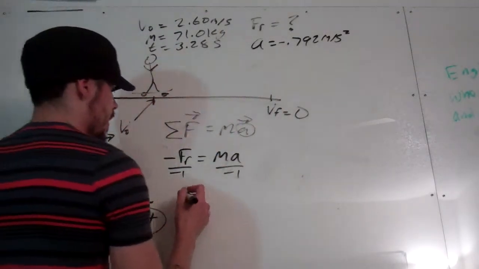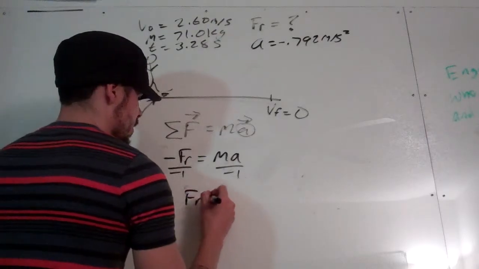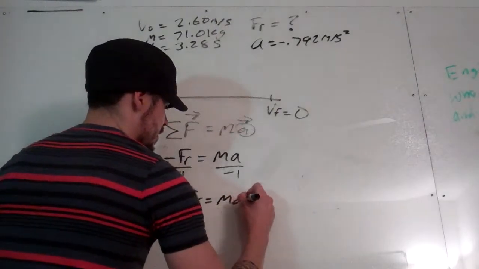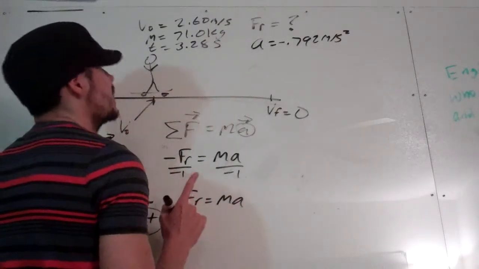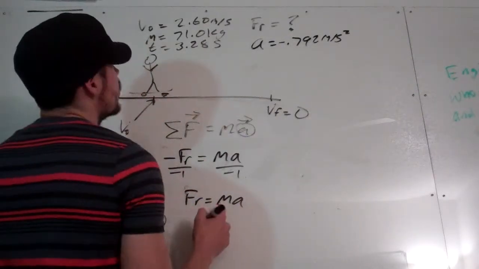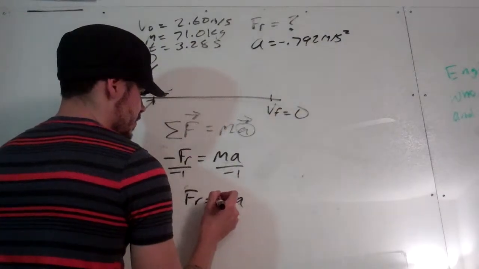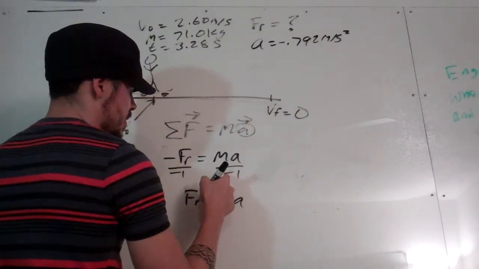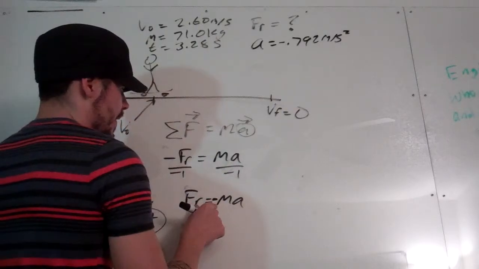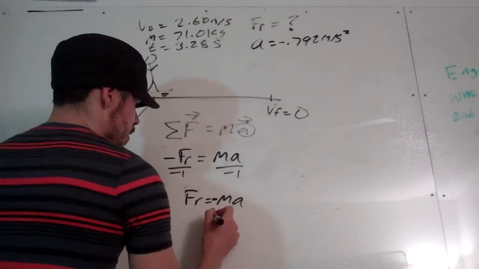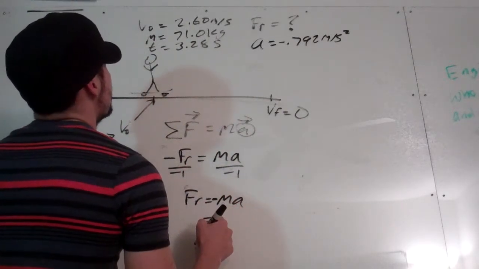So we have force of friction is equal to mass times acceleration. Now, let's plug in numbers. We have the mass, and we also have the acceleration. And actually, this is going to be negative, because mass times acceleration times a negative number is just going to be a negative mass times acceleration. Now, what do we have here?